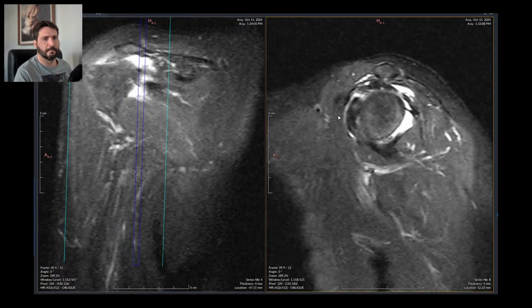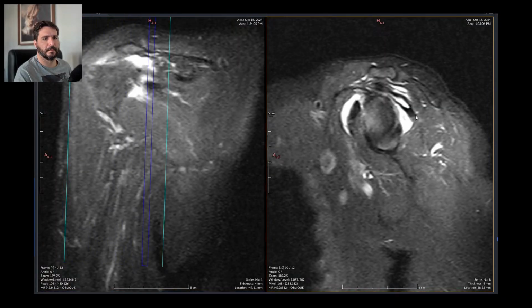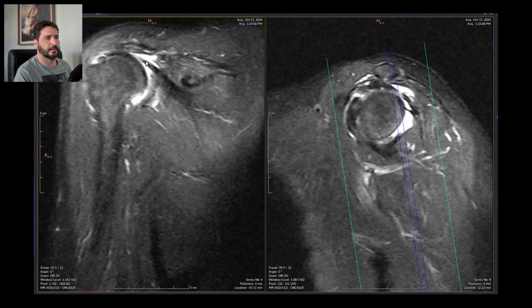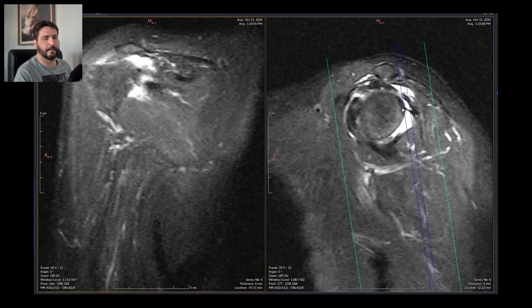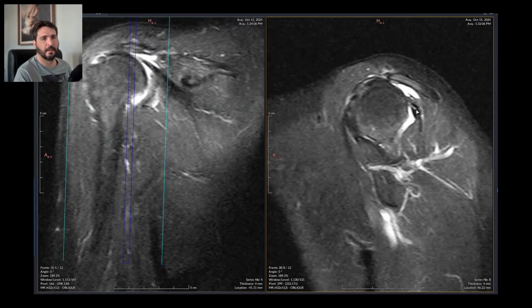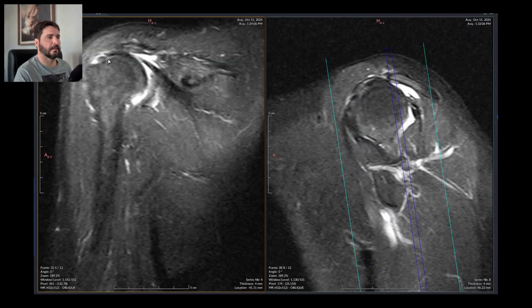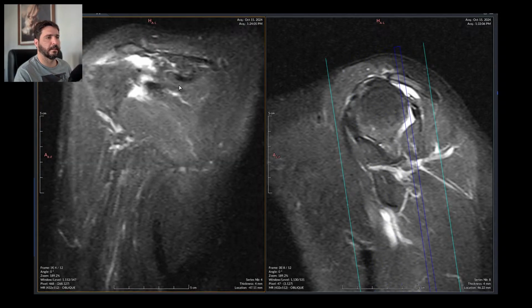This doesn't help much, does it? This is it. See how twisted it is? It's just too crooked. So this is probably teres minor, and this is probably the site of rupture of the infraspinatus.